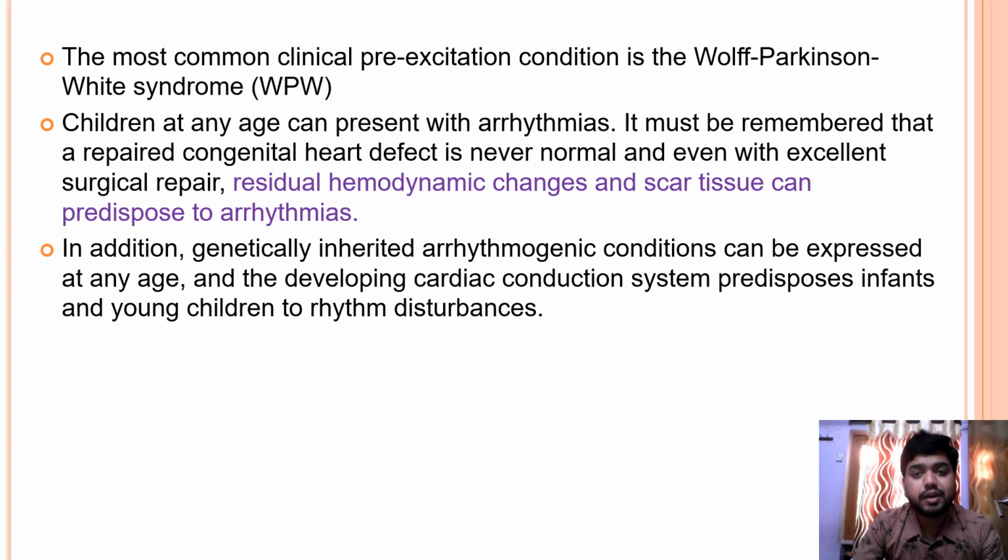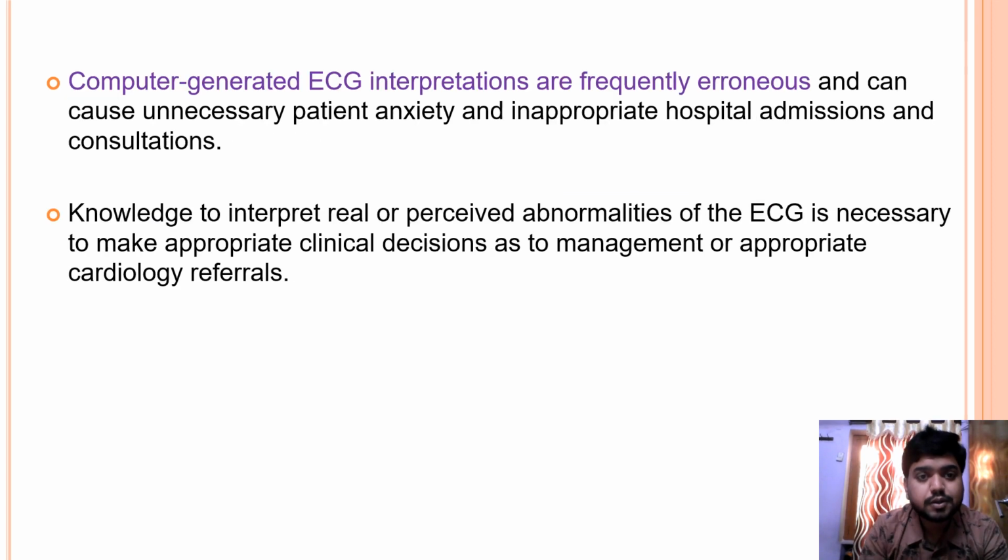Then the most common clinical pre-excitation condition is Wolff-Parkinson-White syndrome, and children at any age can present with arrhythmia. This we already discussed: even in spite of surgical correction, 100% is never possible. It is only about 90%, some residual scar tissue is always there, and some complications may happen.